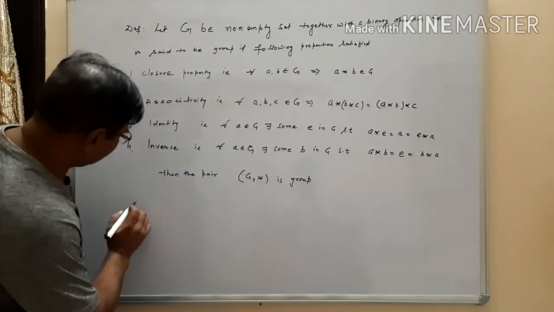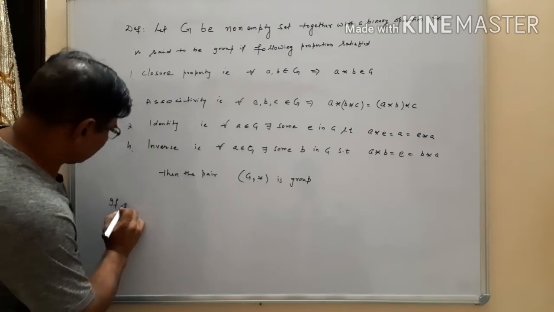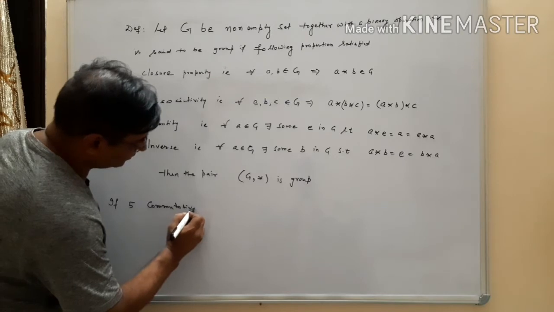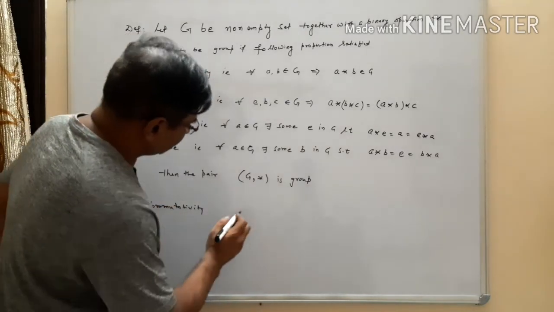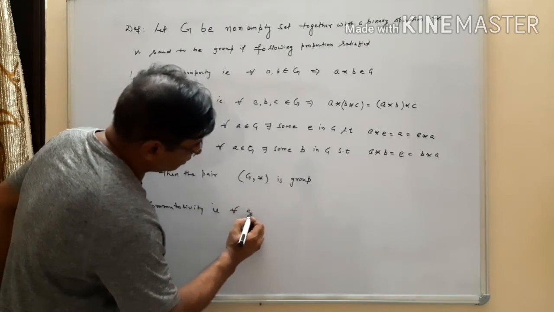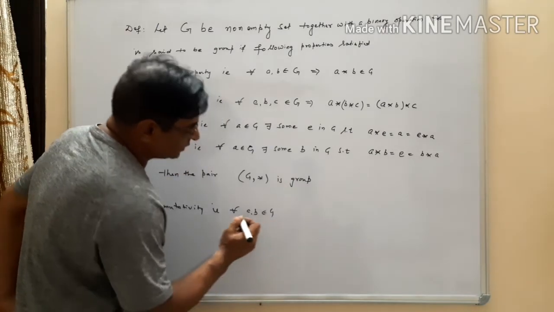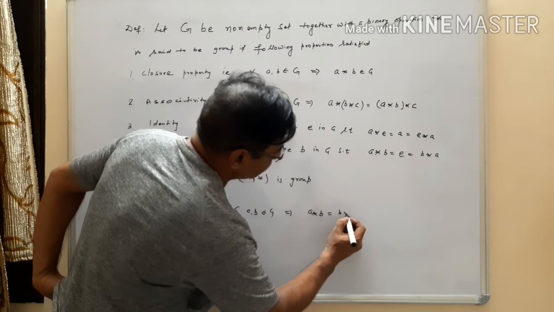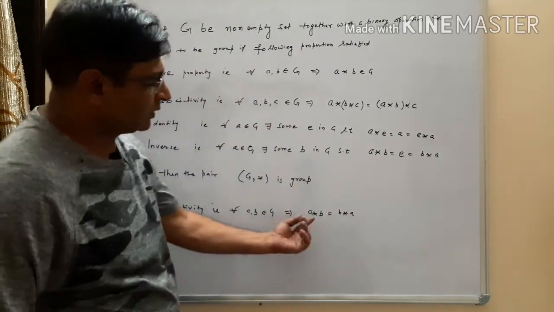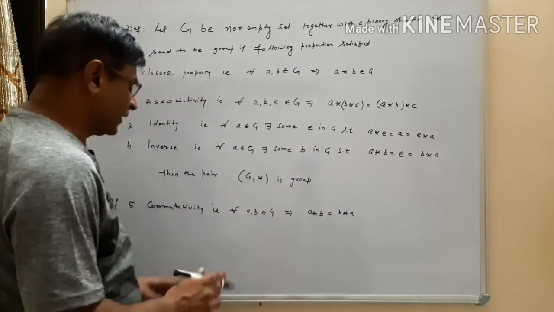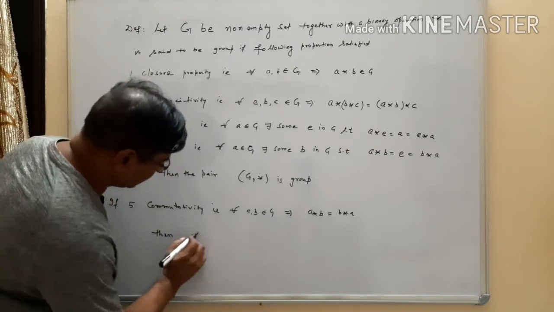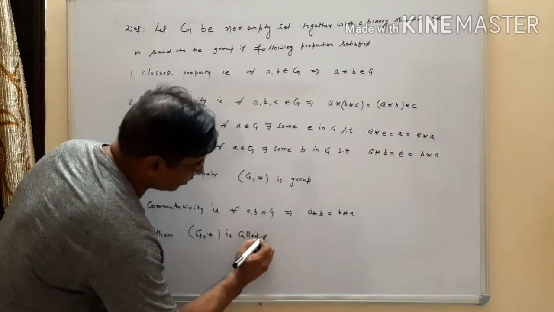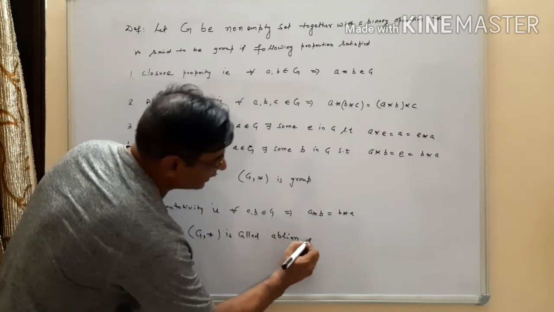And one more thing, if one more property, that we call commutativity, that is for all two elements A, B of G, we have A star B equal to B star A. If they can commute, they can interchange, then G star is called an abelian group.